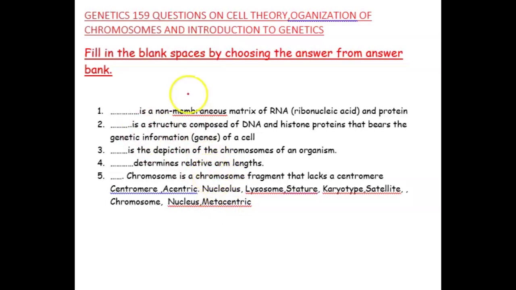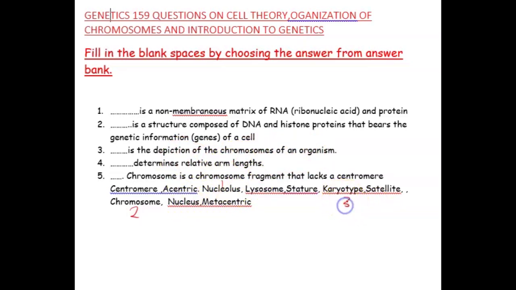This is number 1's answer. Dash is a structure composed of DNA and histone proteins that bears the genetic information. The answer is chromosome. Let me write number 2 here. Number 3, dash is the depiction of the chromosomes of an organism, and that is the karyotype.